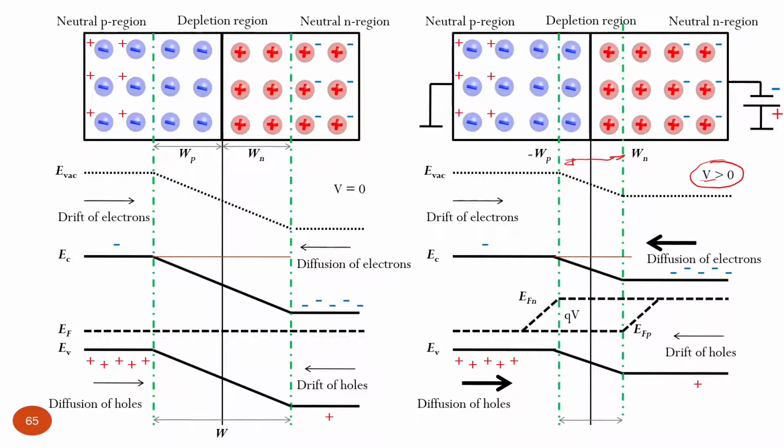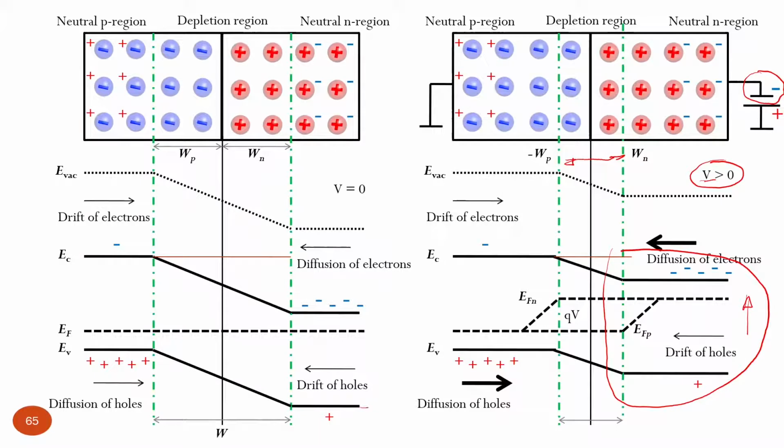So now we apply some negative potential here to the n-type semiconductor. If we apply negative potential and the energy diagram is drawn with respect to potential energy of electron, that means that this part, the right part of the band diagram, is lifted up.